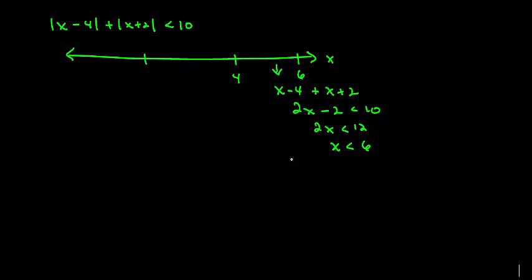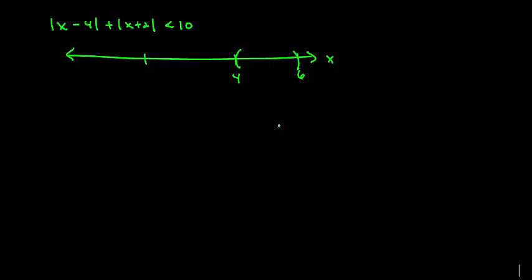So here's 6. If you grab any number between 4 and 6, anything on this interval, it'll work. For example, let's grab the number 5. Let's test this. This would be the absolute value of 5 minus 4 plus the absolute value of 5 plus 2.